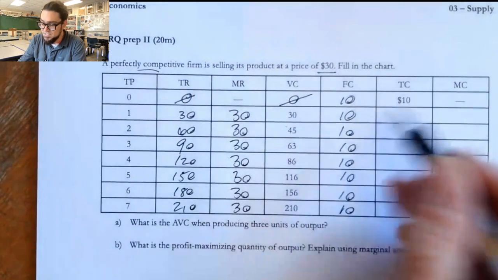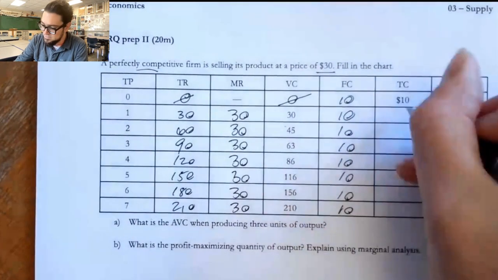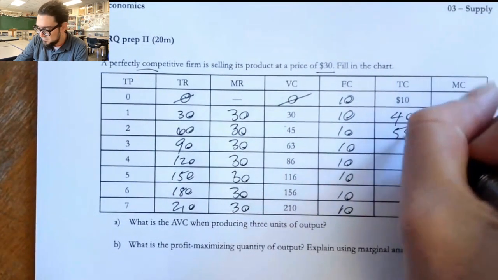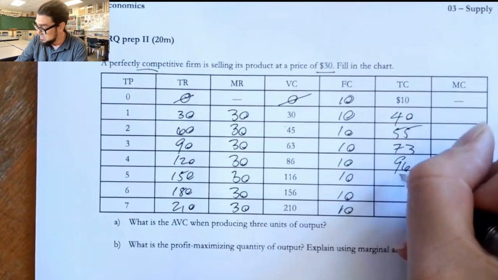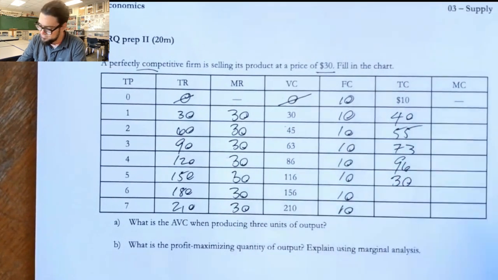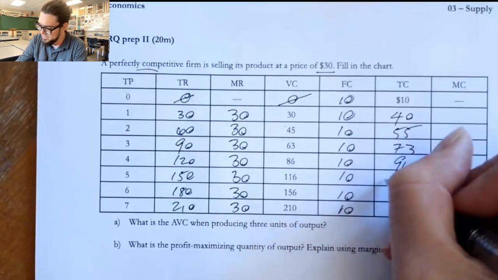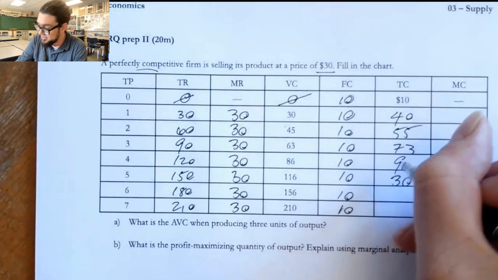And now we just add fixed and variable together to find the total cost. So 40, 55, 73, 96, 126. I can't add. I was trying to do the change.